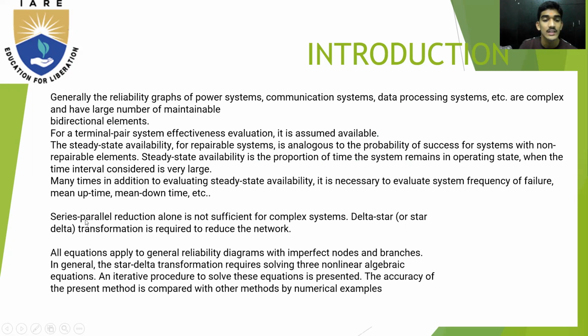In general, the star-delta transformation requires solving three nonlinear algebraic equations. An iterative procedure to solve these equations is presented. The accuracy of the present method is compared with other methods by numerical examples.